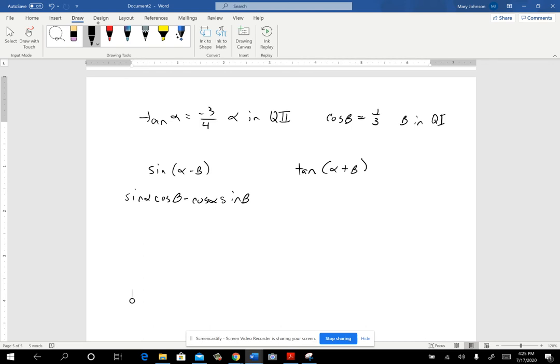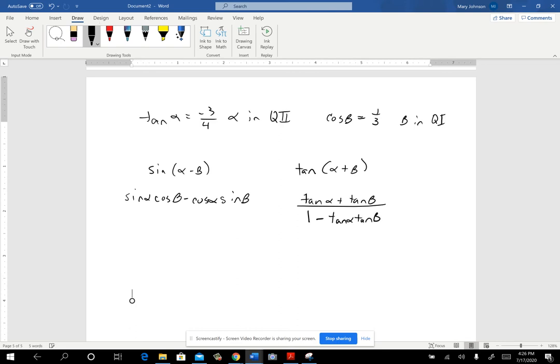Then I'm going to look at tangent. To do the tangent of alpha plus beta, I just need to know the tangent of both angles, don't I? Because that's going to equal the tangent of alpha plus the tangent of beta over 1 minus the product of those two.